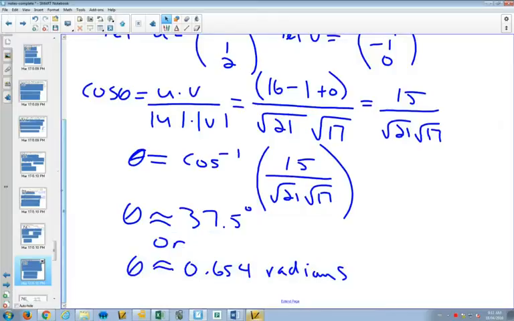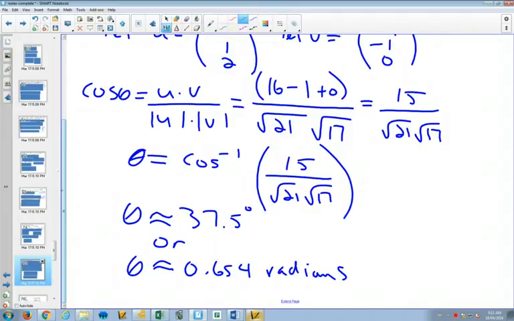If you were in radians, you get 0.654 radians. So unless the question explicitly says degrees or radians, both would be fine. More often, for what we're doing, you'll see degrees with your vector equations. But both would be fine.